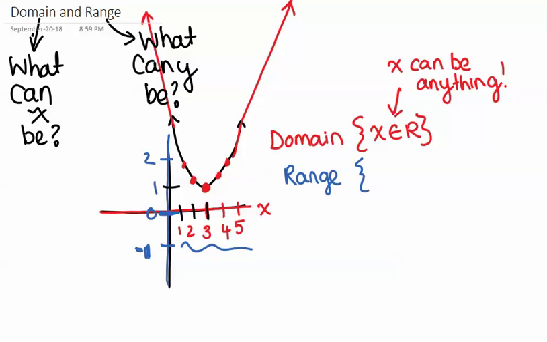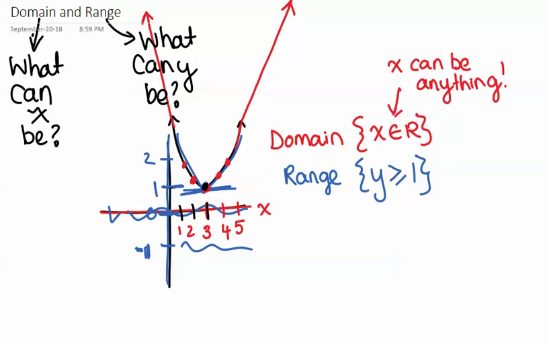Here at y equals 0, it's never hitting. Here at 1, there is a point, and at 2, there's a couple of points, and it's going to keep going up. So I would say the lowest value is 1, and there's nothing below it. So therefore, y has to be greater than or equal to 1. And that's how we would say domain and range.